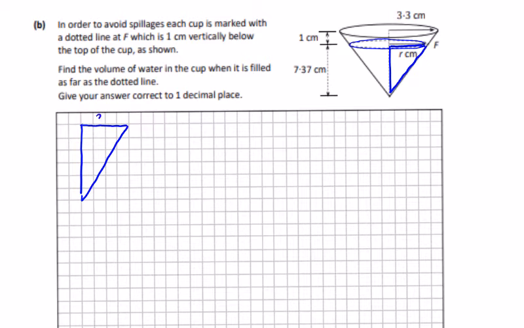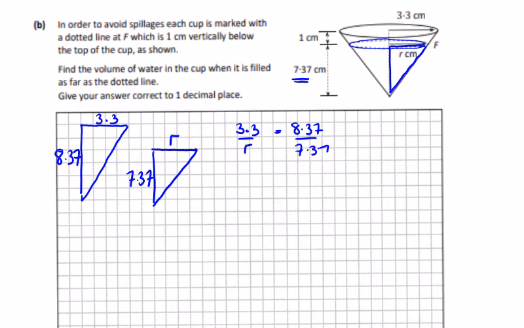The big one, 3.3 over 8.37 is the big triangle, and the smaller one that we're now dealing with, we have a radius, and we have this 7.37 we're told is the height of it. They've moved down a centimeter. So we can get R here. 3.3 over R is equal to 8.37 over 7.37.